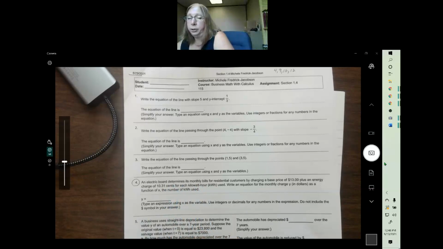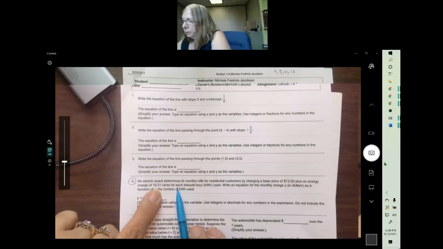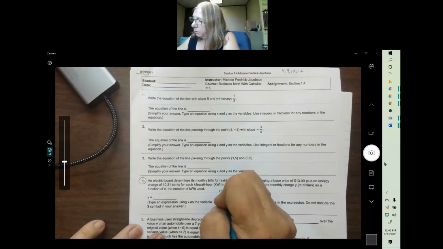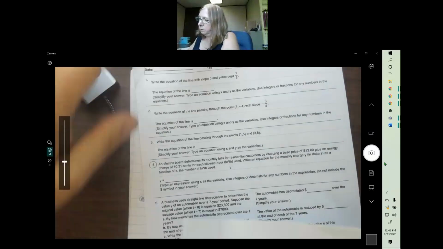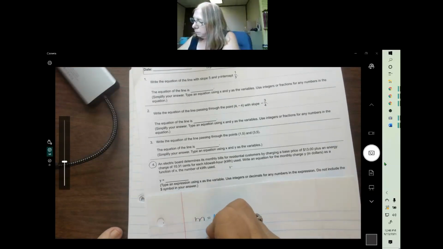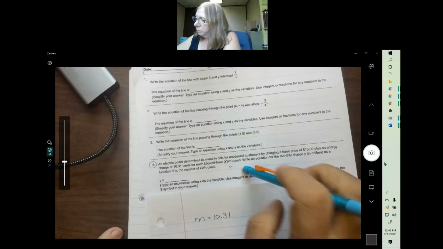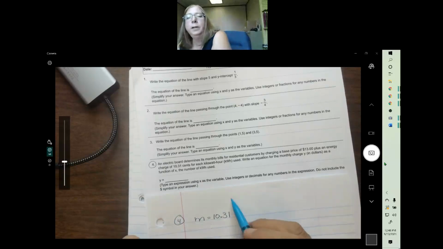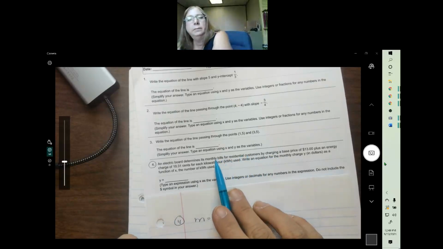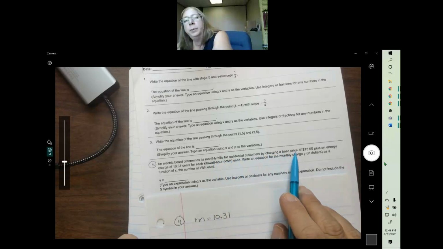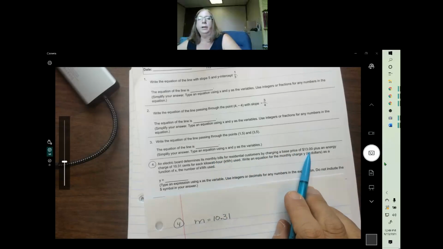A rate, that's your slope. And so it's cents per kilowatt hour. That is slope. The other number it gave us, a base price of $13. So no matter how much you use, you're still paying that $13.